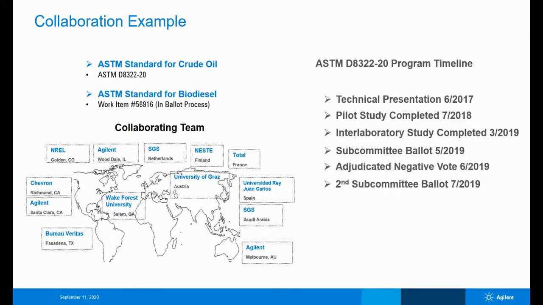In this case, the majority of the concerns or negative comments were related to the description of the working range and the valid test result range, defined as new items in ASTM D6300.